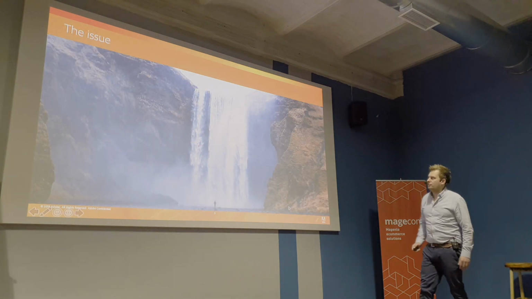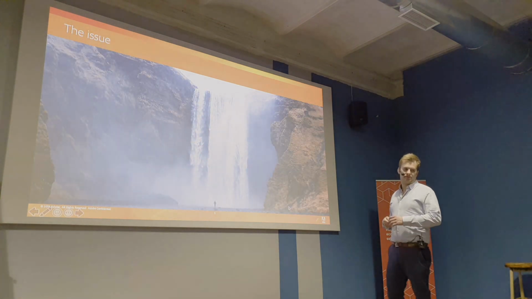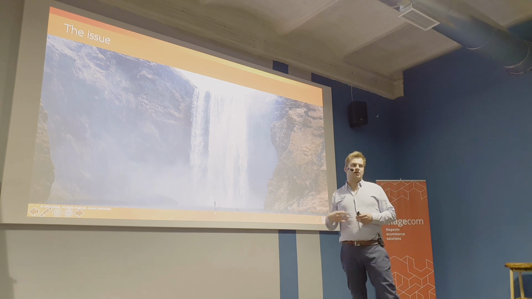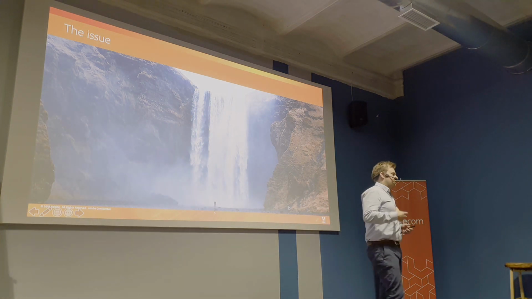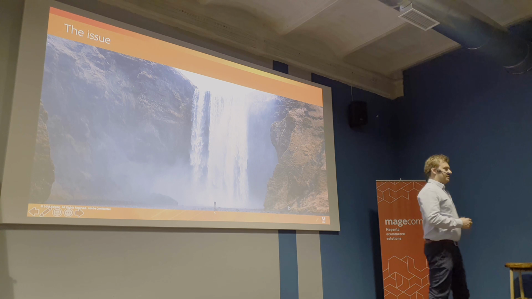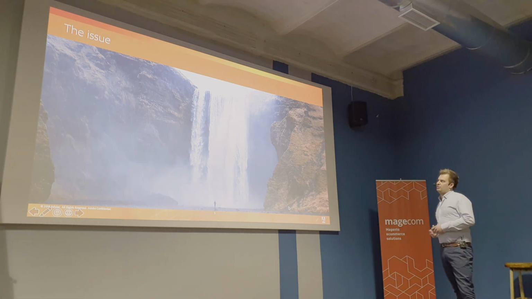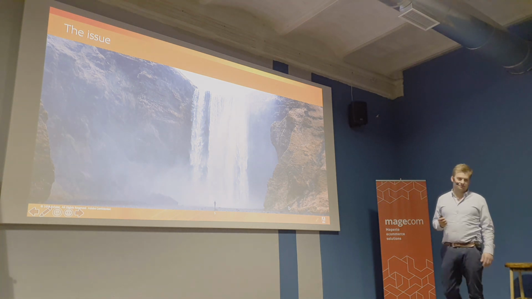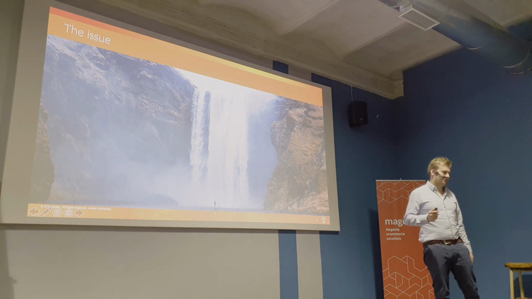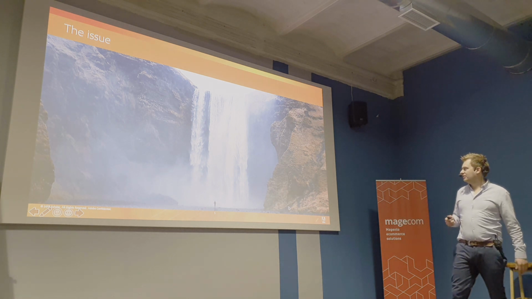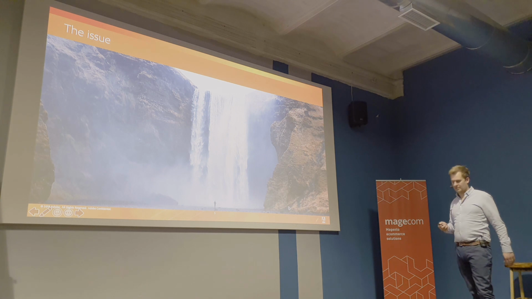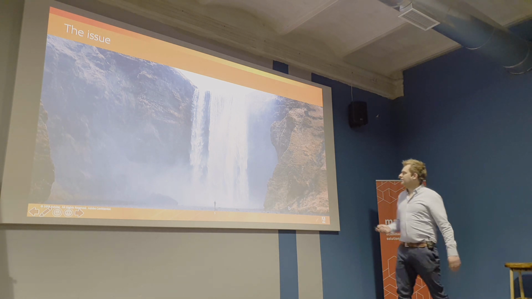And the biggest issue we have with RequireJS is the waterfall. If you read the RequireJS documentation, it says you need to do something to enable RequireJS in production mode. Well, we never did this in Magento, and because of this, we have an issue called the waterfall. What is the waterfall issue?